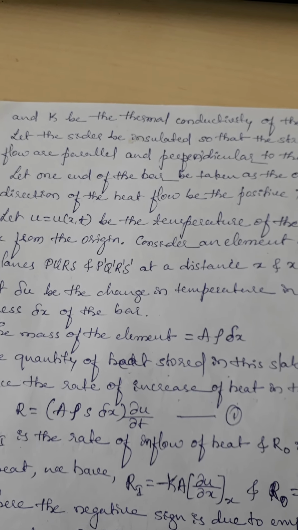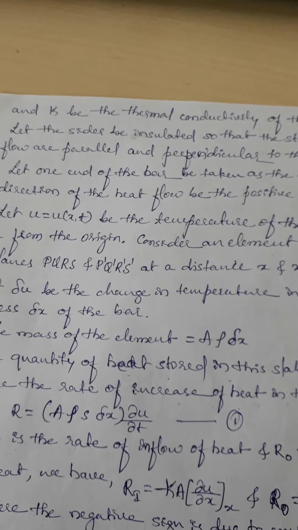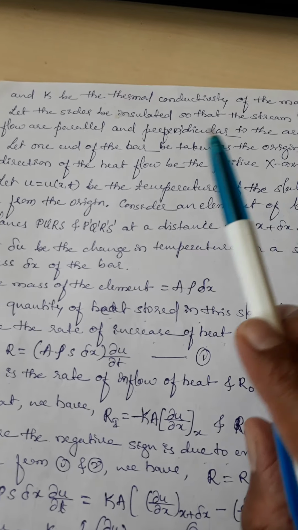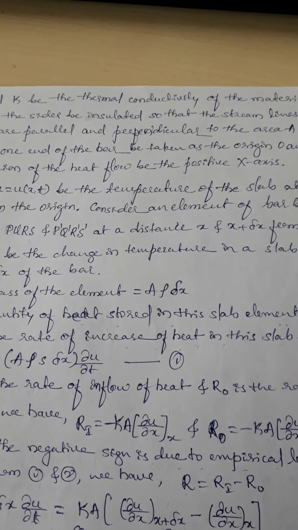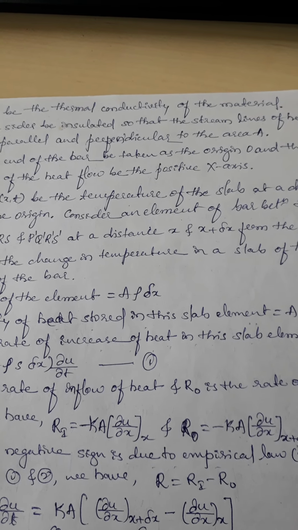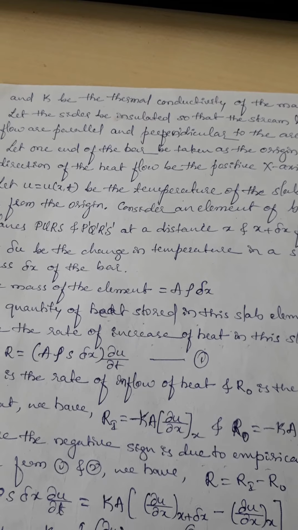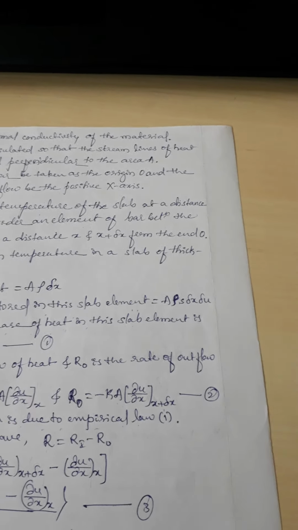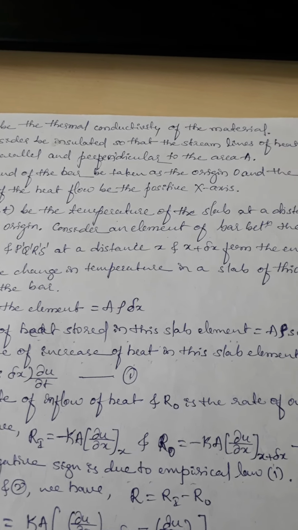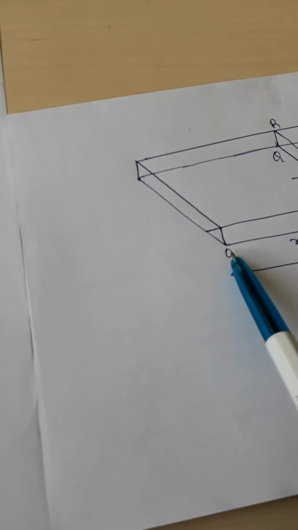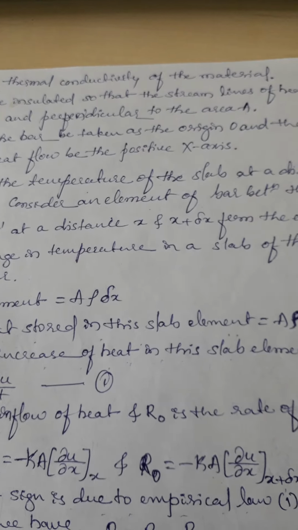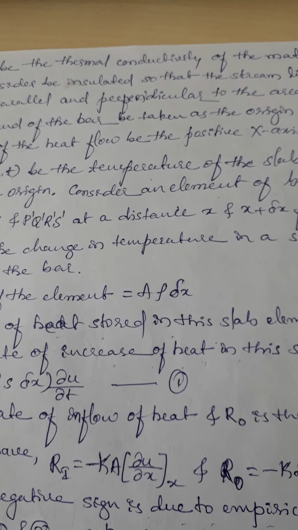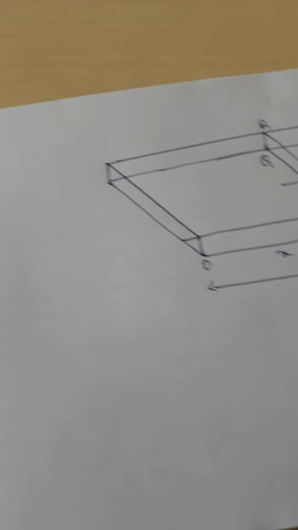Let the sides be insulated so that the streamlines of heat flow are parallel and perpendicular to the cross-sectional area A. Let one end of the bar be taken as the origin O, and the direction of the heat flow be the positive x-axis.